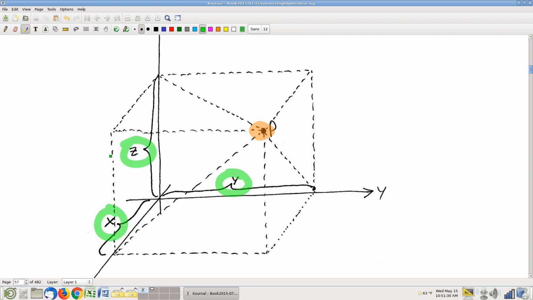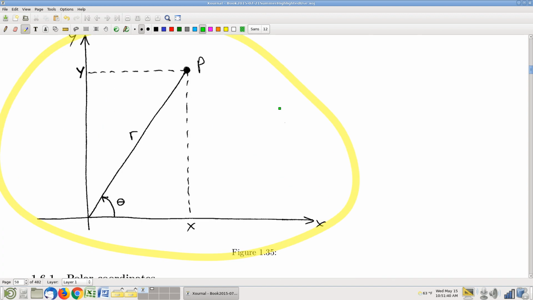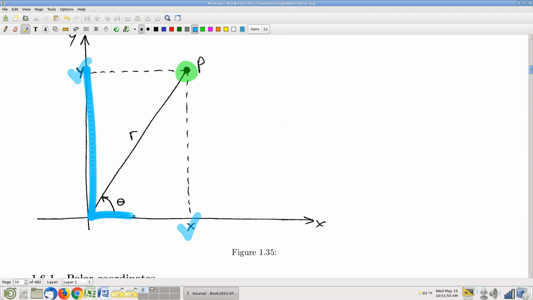Okay. So the thing is, there are other ways to describe locations with coordinates that don't involve drawing boxes. For example, I could take this point here, and while, yes, I can describe its location with its x and y coordinates, that's a rectangular description of where that point is.